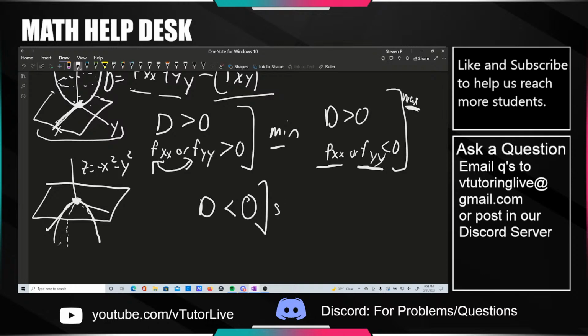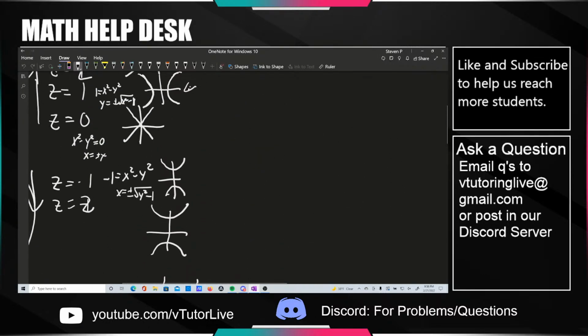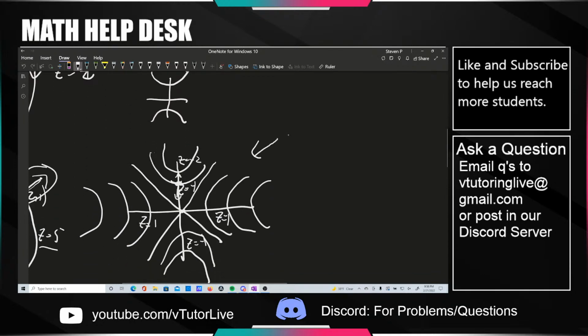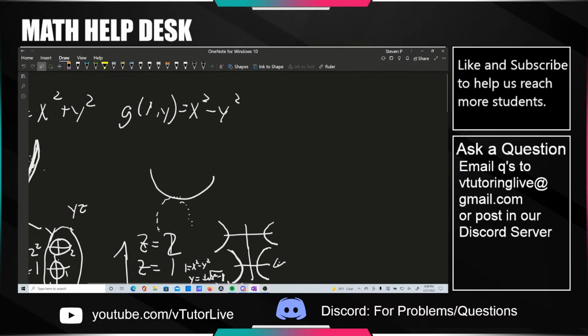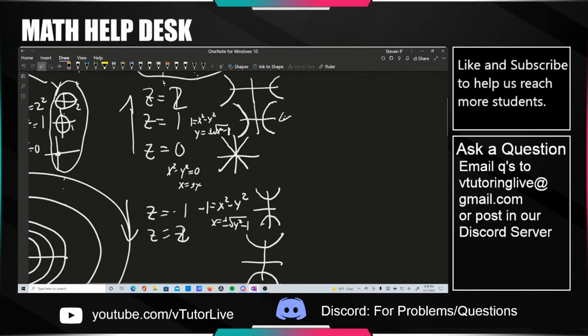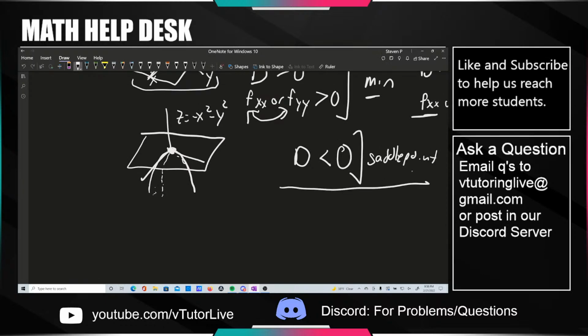You can just immediately conclude that it's a saddle point. Looking at the graph of this thing over here, we've shown before in previous sets that this is more or less a saddle. So you'd expect to get D less than 0 when you go through the math.